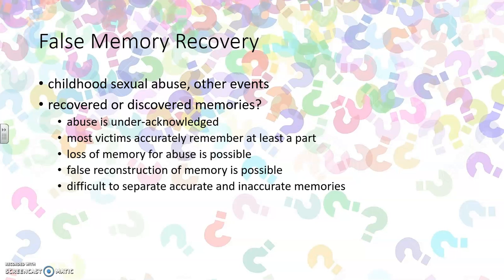But we do know through research that abuse is under-acknowledged. A lot of people don't go about saying anything. Most victims remember some parts. Memory loss from abuse is very possible. And if you get yourself to believe something else, it sort of becomes true.